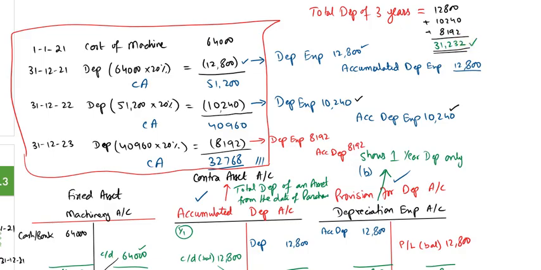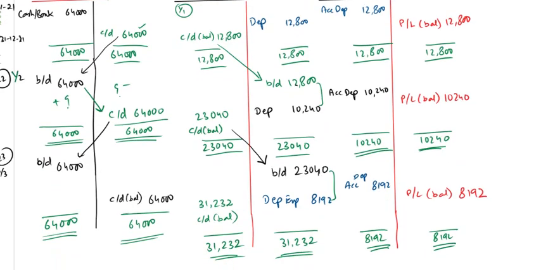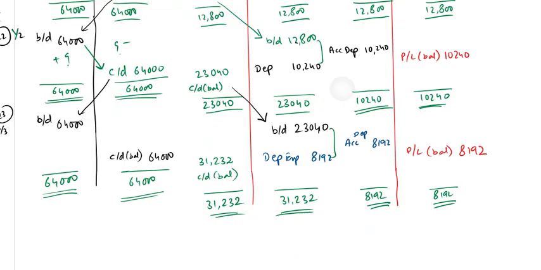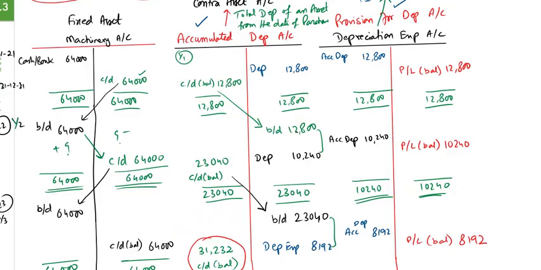The accumulated depreciation account tells us at the year end, at the third year, your total depreciation will be 31232. Got my point? So this is the reason why we make the accumulated depreciation account. It tells us the total depreciation. Year one, the total depreciation is 12,800.